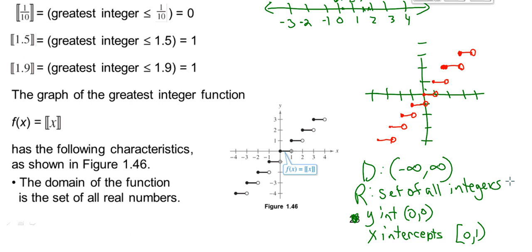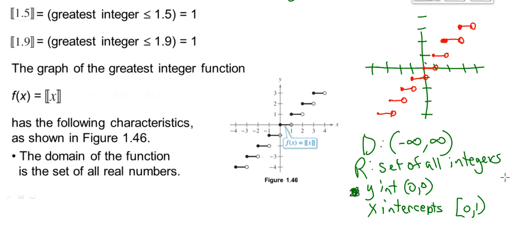And so the other thing is, is it increasing, decreasing, or whatever? It kind of has two dynamics here. In each of these little intervals, it is constant, but then it hops up for the next interval.